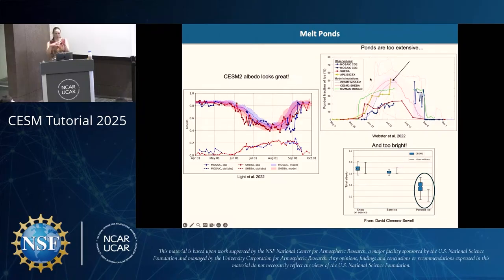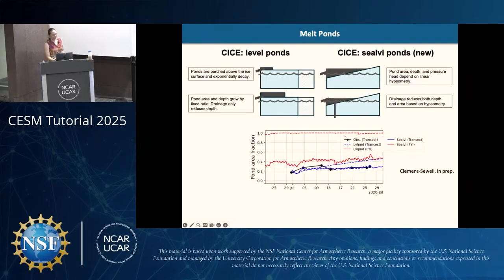So we have ponds that are way too extensive, covering way too much of the ice, but their albedo is also too high, this is in the model, compared to observations. So that means they're pretty thin. They're brighter ponds rather than very thick, dark ponds. And so we have been working on a new parameterization. We delved into the code. One of our former postdocs, David Clemens-Sewell, has worked on this a lot, primarily within Icepack, and now it's in the coupled model.